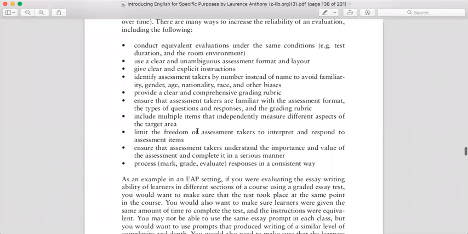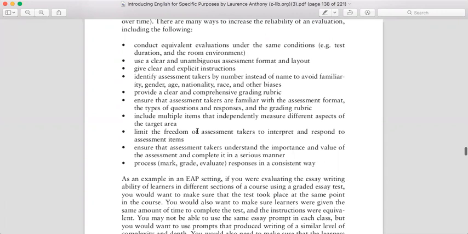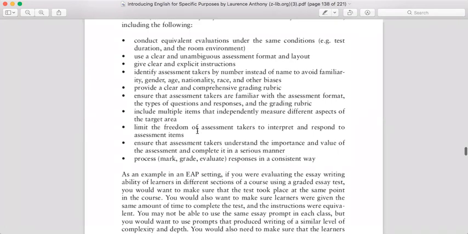Okay, because as we define objective papers or objective assessments as being less influenced or as being not influenced by the feelings, ideas, opinions, biases of the grader.